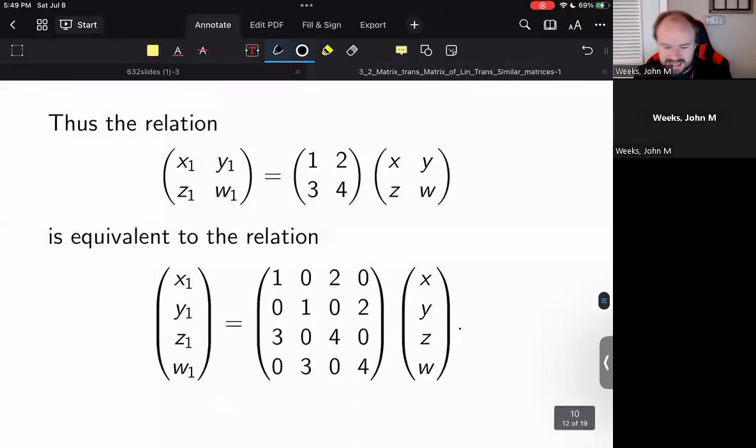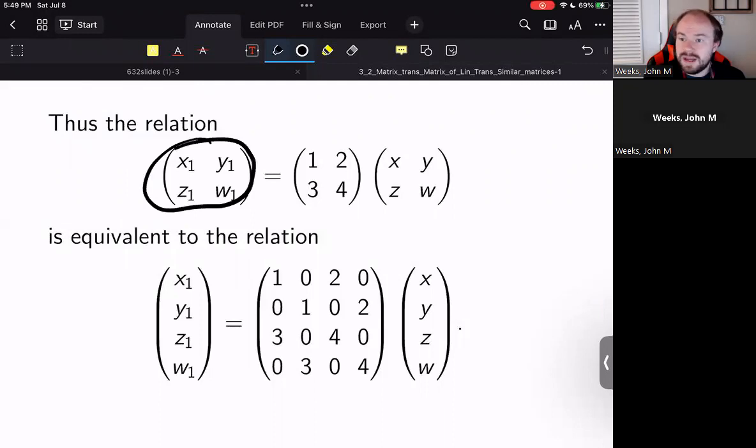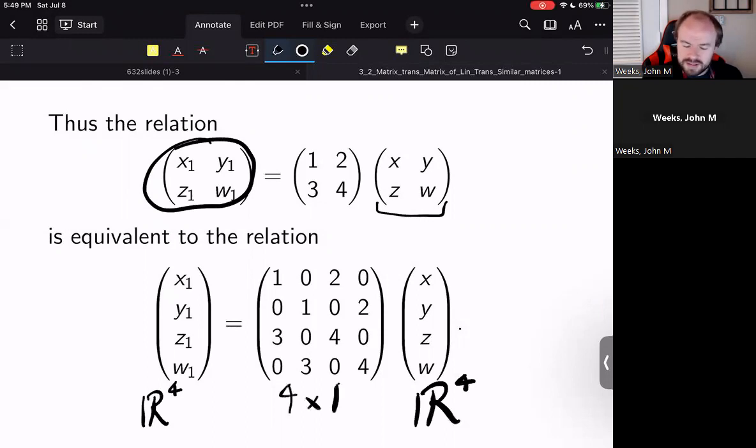So the relation that's given here between all of the elements x1, y1, z1, w1 in the range of this linear operator, given something in the space of 2 by 2 elements, is equivalent to a relationship from R4 to R4. So this 4 by 4 matrix is telling us what that relationship looks like. So we could write this matrix multiplication in terms of x, y, z, and w in R4 as well.